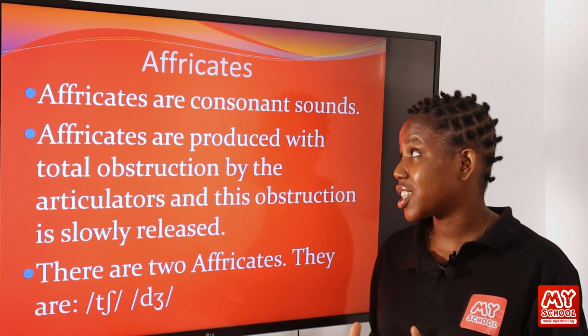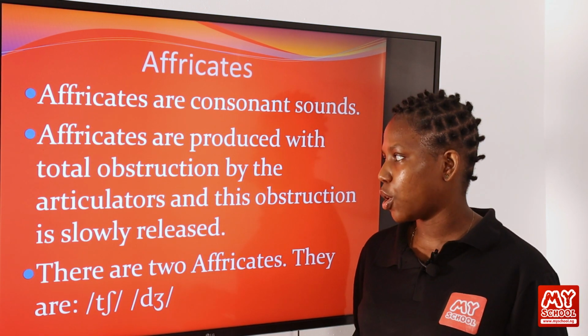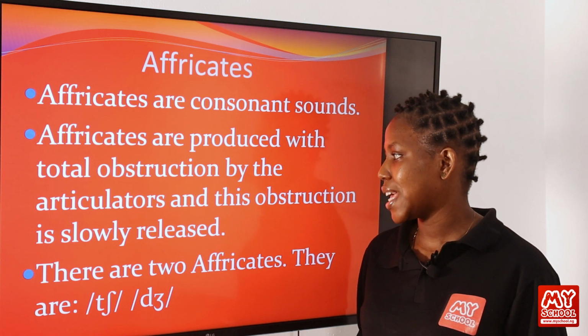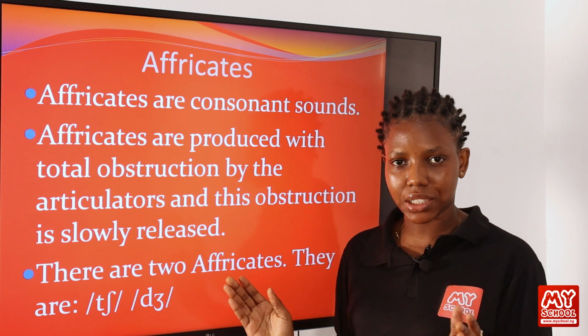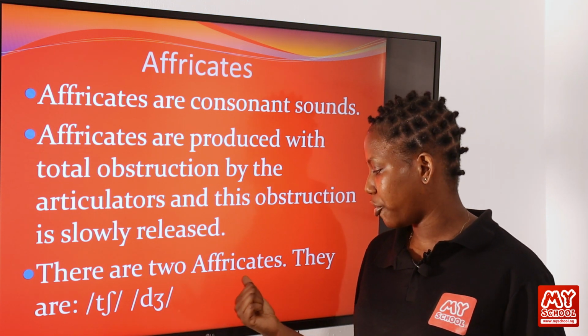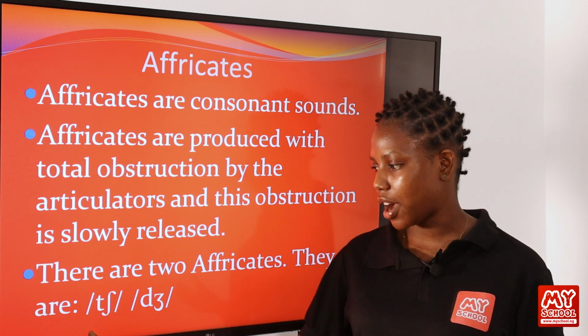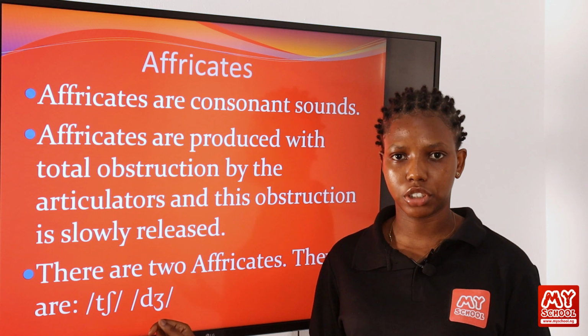Okay, so affricates are consonant sounds. Affricates are produced with a total obstruction by the articulators, and then this obstruction is slowly released so that air comes out. So there are two affricates. Okay, they are ch and j.